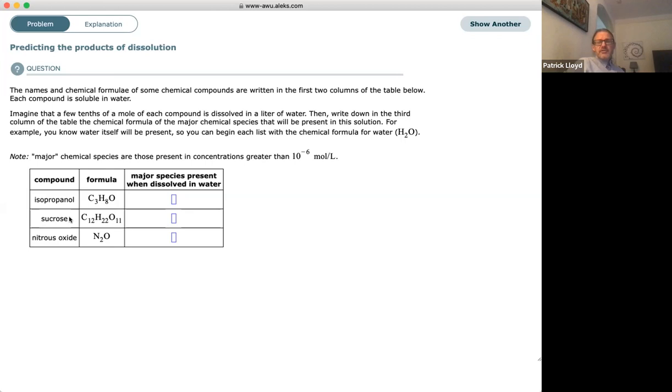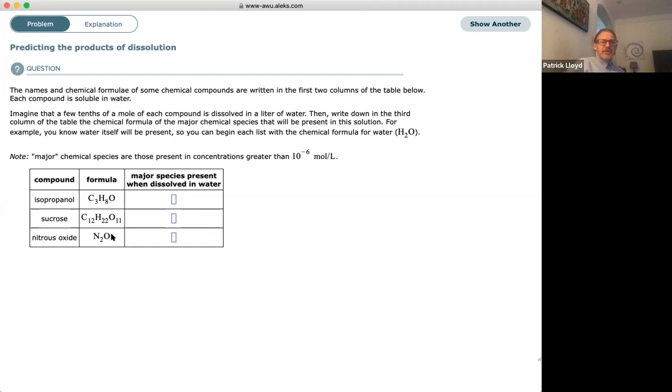Many of them, most of them are what we call oses, so hexoses or pentoses. So sucrose is actually two rings connected together. I'm not going to go through it. You can look it up. But this is an ose, so it's a sugar. So again, you just write the chemical formula, comma, chemical formula for water, which is H2O. Those are both molecular substances, molecular compounds.